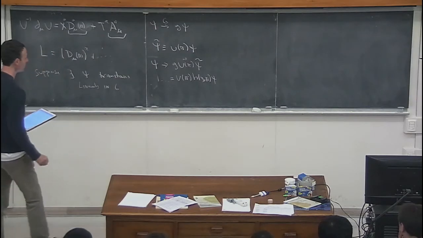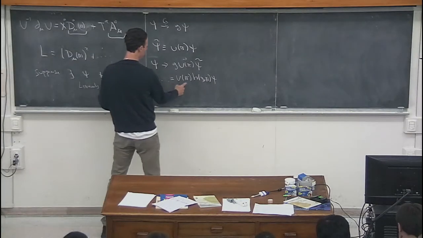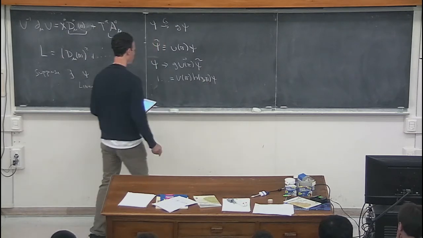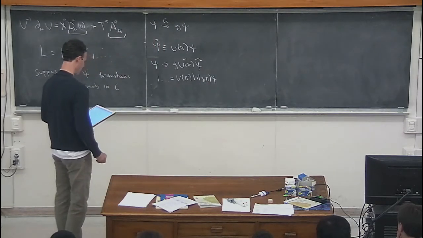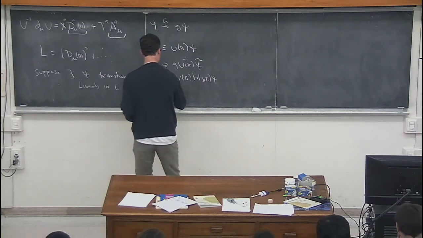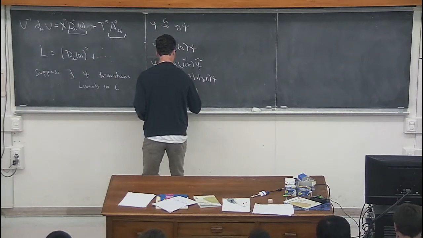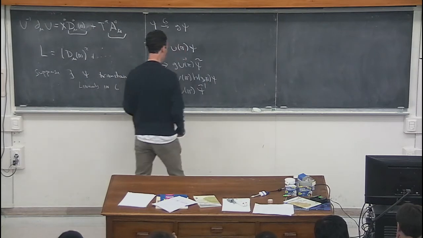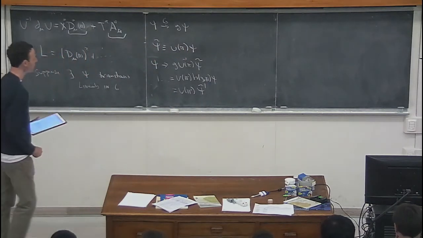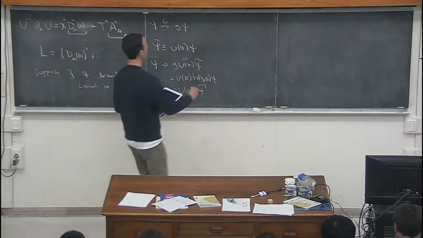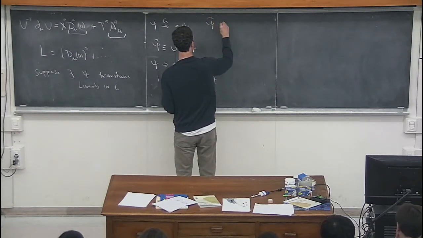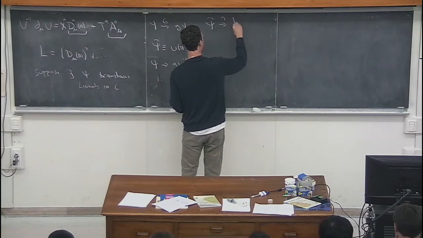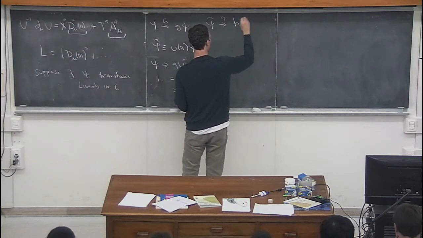Okay, so this goes to some other u times H on psi. And so we can call this u of pi prime on psi twiddle prime. So what we've concluded from this is that psi twiddle under a G goes to H on psi twiddle.